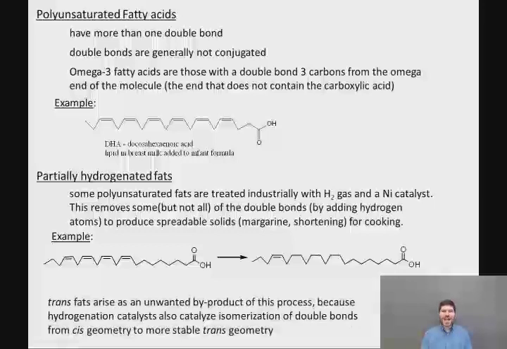So trans fats occur as an unwanted byproduct of this process because the nickel catalysts for the hydrogenation reaction actually catalyze the isomerization of double bonds also, and they can isomerize a double bond from the cis geometry to the more stable trans geometry.